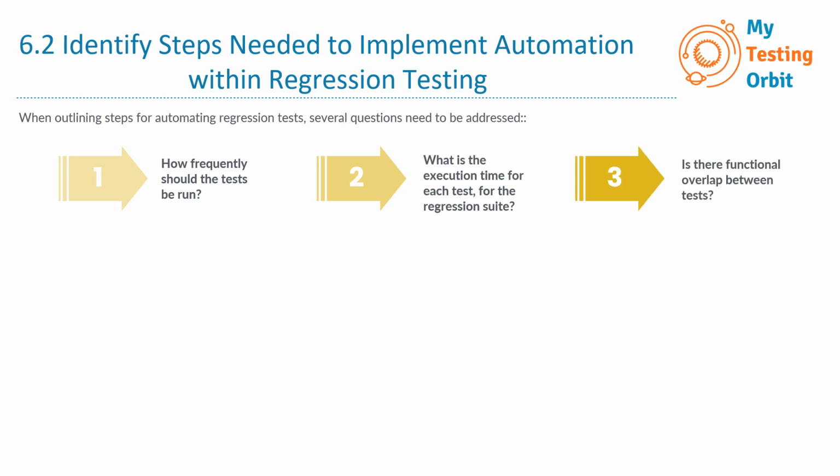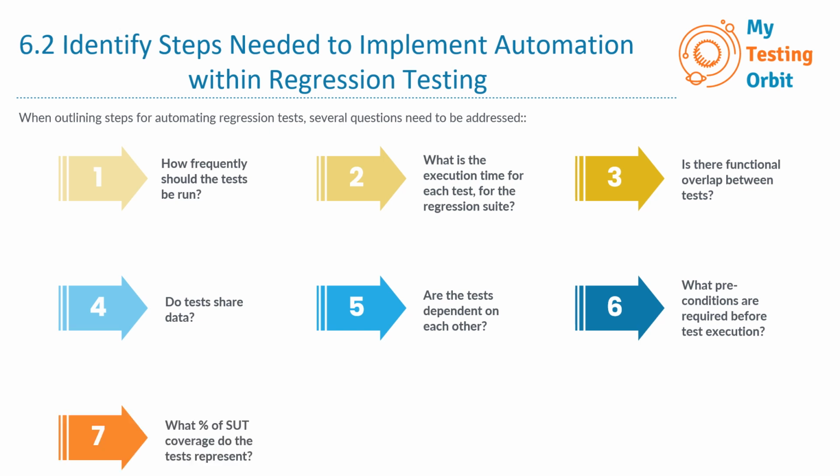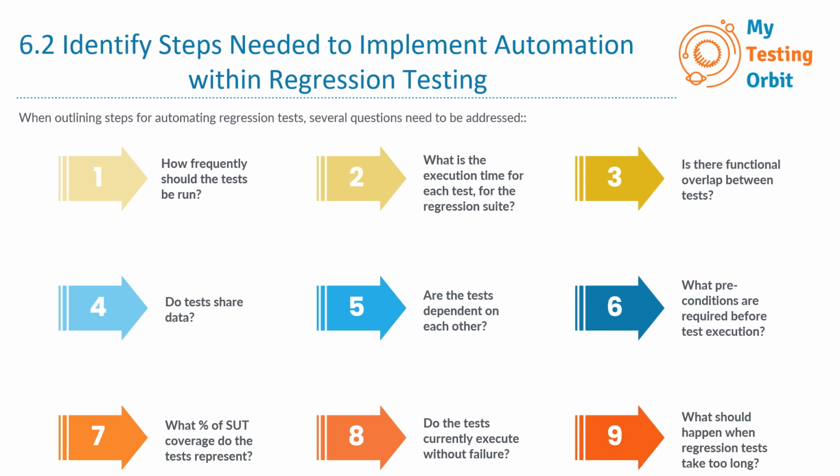Number three, is there functional overlap between tests? 4, do tests share data? 5, are the tests dependent on each other? 6, what preconditions are required before test execution? 7, what percentage of SUT coverage do the tests represent? 8, do the tests currently execute without failure? And number 9, what should happen when regression tests take too long? Now let's go through each of them in detail.